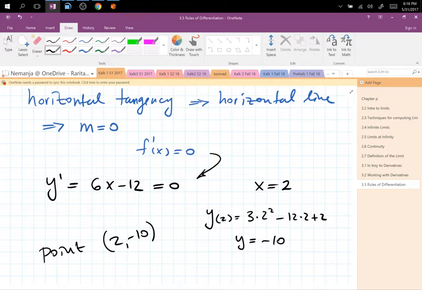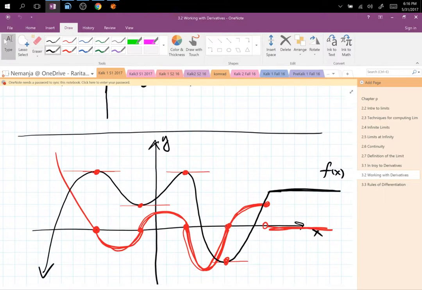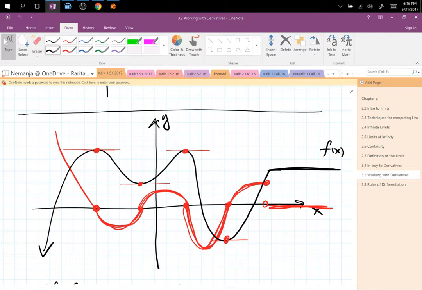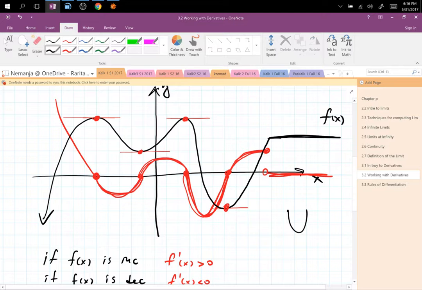Now that's at the same time the vertex, because horizontal tangency, if you studied what we learned last class, occurs only when you have min or a max. For a quadratic, you only have min if a is larger than 0, or a max if the a is less than 0.